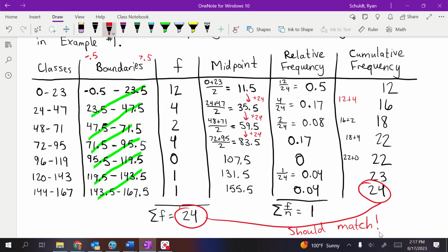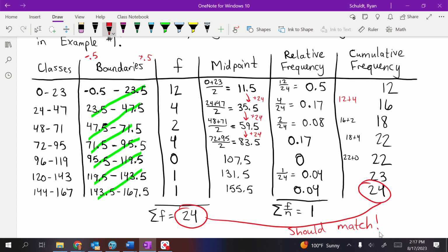So what are some observations we can make about what's going on here with the text messages? What are some observations you can make from this table? I said one earlier. Half the class sent less than how many messages? Yep.